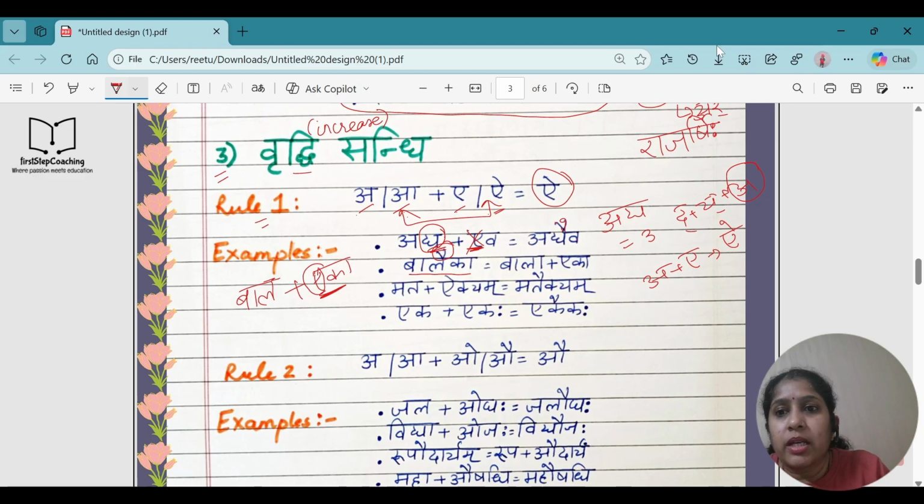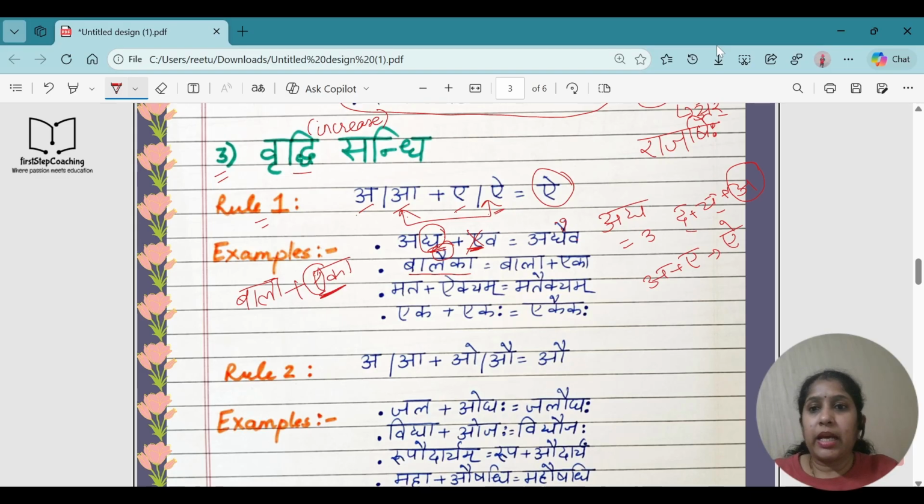So we have to make it feminine, so it will become bala plus eka. Fine. So sometimes with different rules of some adjectives or pronouns or nouns like that, you can identify. Like if you write bal plus eka, this word will become wrong. Means you will not get marks for that. But if you write bala plus eka, and how did you get to know? With the help of eka, you got to know it should be bala.